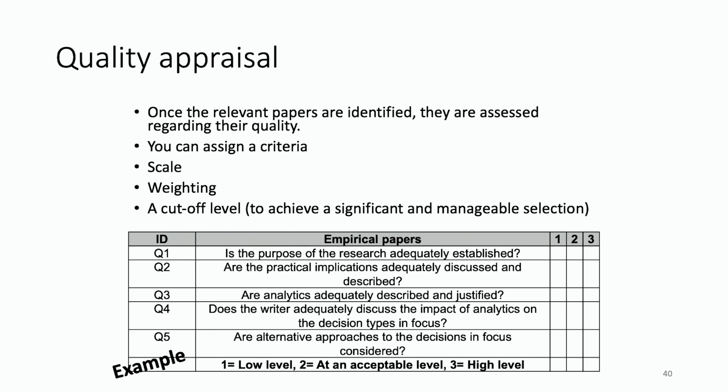Example for quality appraisal. You can have a ranking, so you can assess each paper based on a set of questions. And here you can see that you can assign criteria, if you have a scale, you can weight it. This ranking is different from the ranking that we've talked about before.